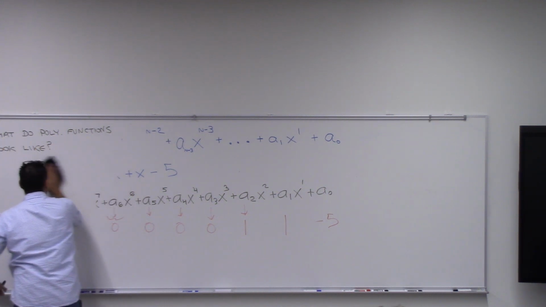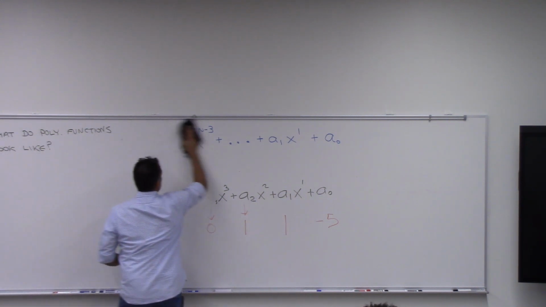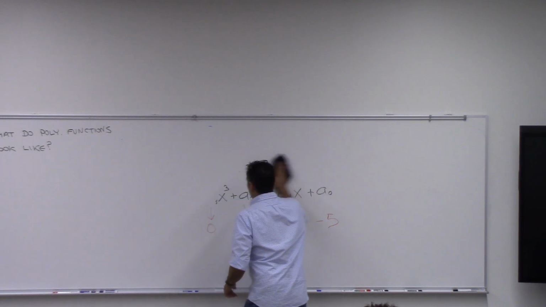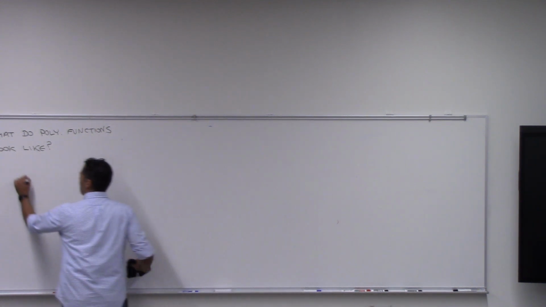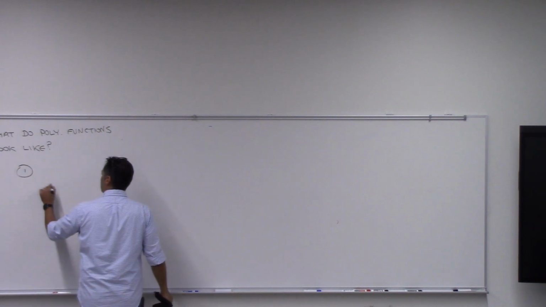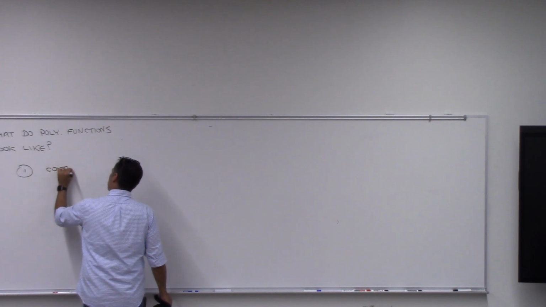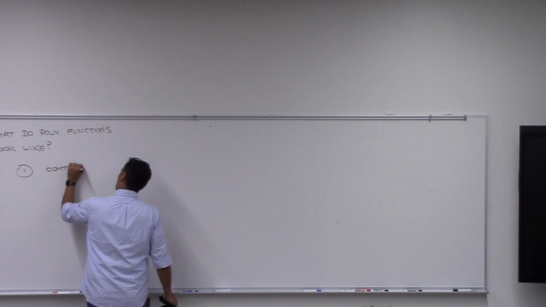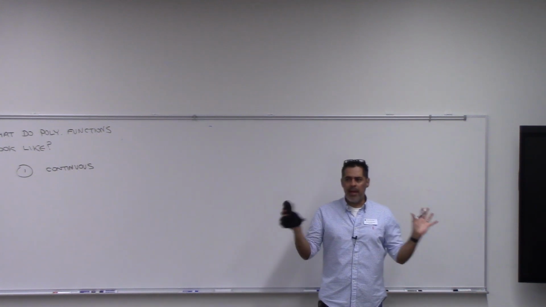All right, we know what a parabola looks like, right? We know what a straight line looks like. But what do they look like in general, generically? Here are the two main properties of polynomial functions. First of all, they are what we call continuous. What does that mean? When you draw them, you can't pick up your pencil.